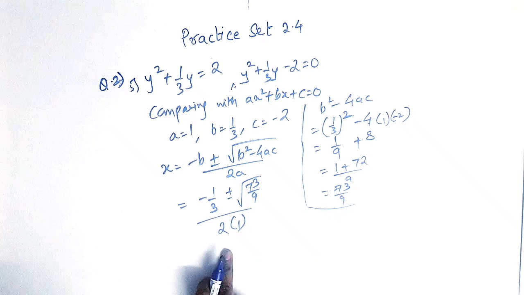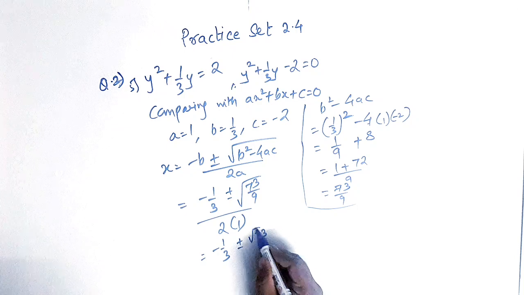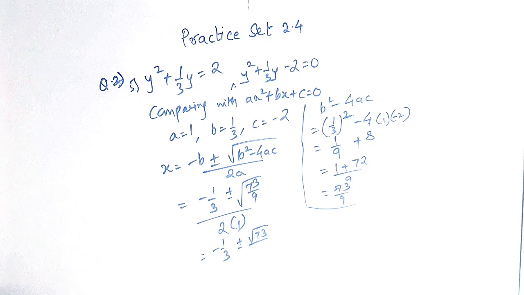Okay, a is 1. So I will have here minus 1 upon 3 plus or minus root 73, we don't know its root, so it will be as it is, but root 9 will become 3, we know. Okay, and 2 will be as it is. Correct?